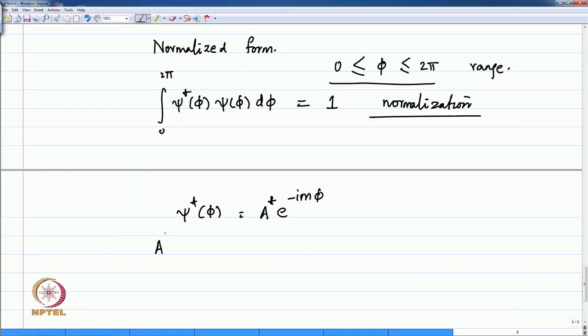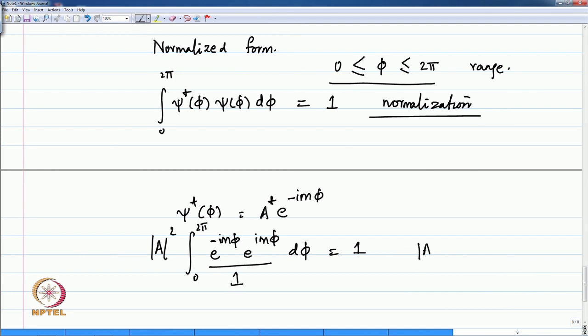The integral is the absolute value of a squared, between 0 and 2 pi, of e to the minus i m phi times e to the i m phi d phi, equal to 1, and this is of course 1. Therefore, the absolute value of a squared times 2 pi is equal to 1, because the integral of 1 d phi between 0 and 2 pi is 2 pi.